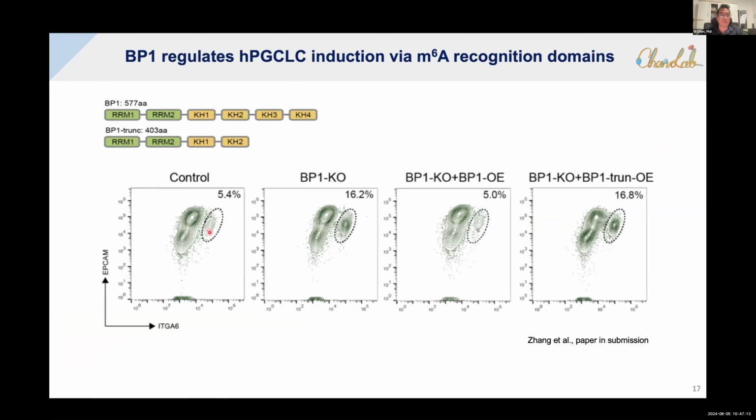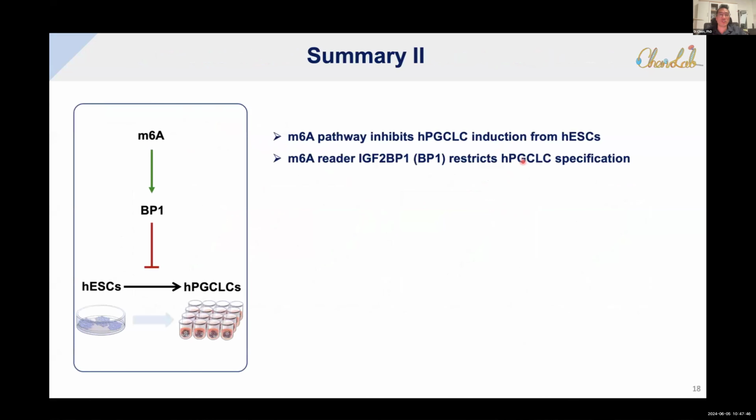In the control you can see about 5% of PGC-like cells, and when BP1 is knocked out there is an increase in the percentage of the PGC-like cells. When we overexpress the full-length BP1, we can rescue the phenotype to about the control level. However, when we overexpress the truncated form, which doesn't recognize the M6A modified RNAs, it fails to rescue the phenotype, suggesting that BP1 regulates the induction of the PGC-like cells through M6A recognition.